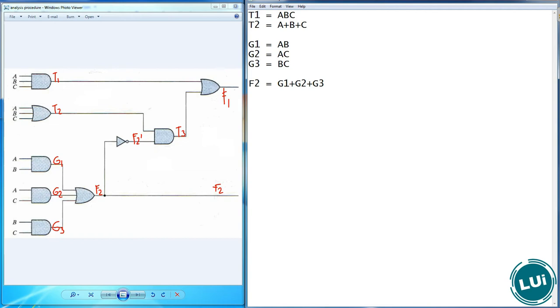Then on the next layer, we have F2 prime, which is simply equal to this prime. So G1 or G2 or G3 prime.